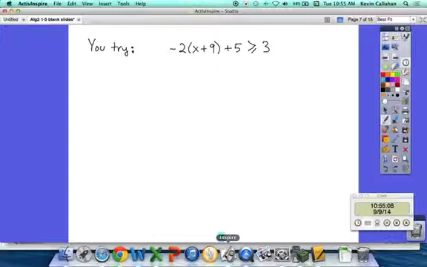Over negative 2, negative 8. Did you get it? Yeah, I'm seeing the same common mistake. What's 16 divided by negative 2? Negative 8. Right? Good. You're good. Mostly pretty good.